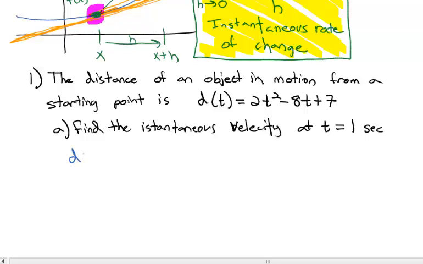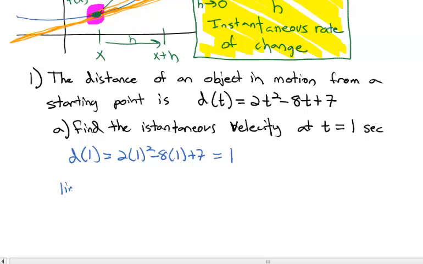So first we do have to find out what d of 1 is. d of 1 is 2 times 1 squared minus 8 times 1 plus 7. And that's going to be equal to 1. So we know d of 1 equals 1.